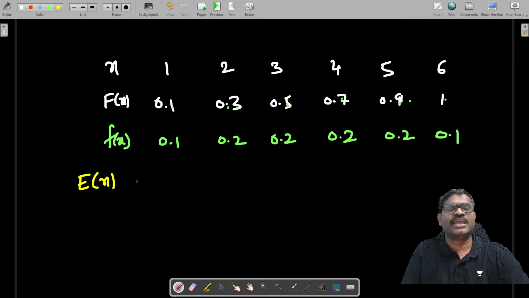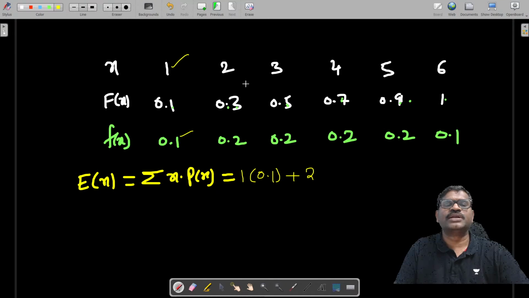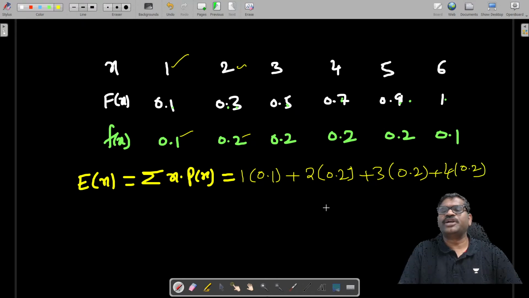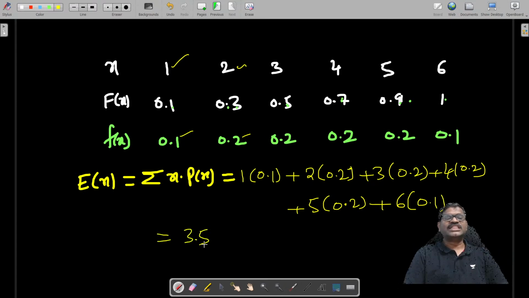Expectation of x is sigma x into p of x. 1 into 0.1, 2 into 0.2, 3 into 0.2, 4 into 0.2, 5 into 0.2, 6 into 0.1. Simplify this: 3.5.